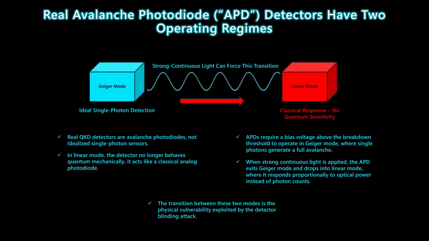Individual photons no longer trigger avalanches, and the detector loses all quantum sensitivity. The transition between these two modes is the physical mechanism that enables the detector blinding attack. By forcing the detector out of its quantum operating regime, an adversary can control its behavior using bright classical pulses.